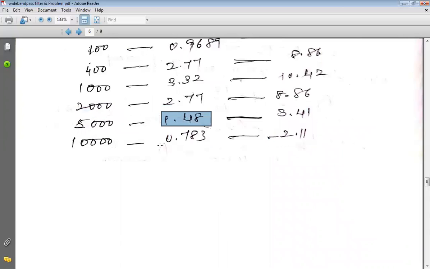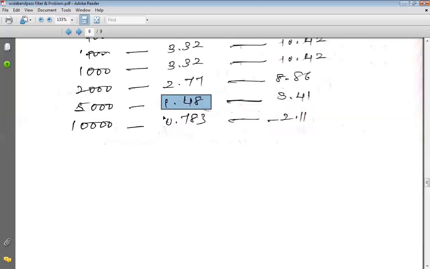At one point it becomes very negligible, or equal to zero, because after 2 kilohertz, the higher cutoff frequency, all the frequencies will be cut down.